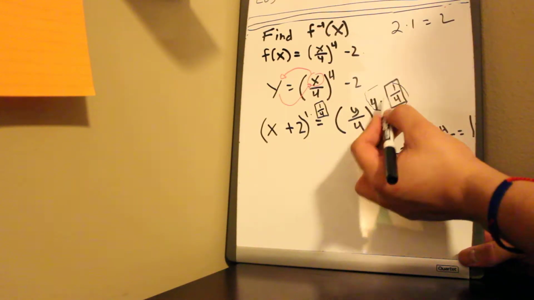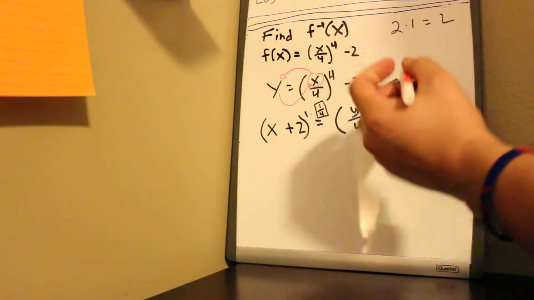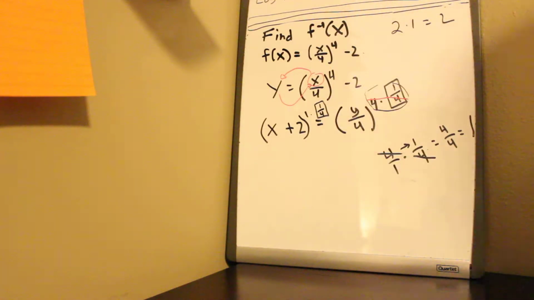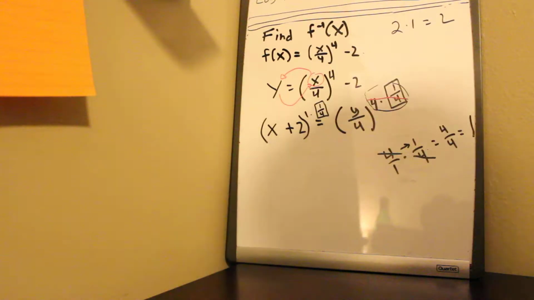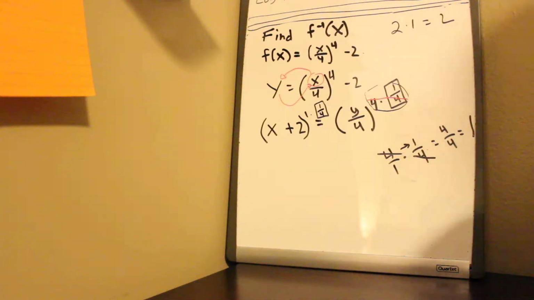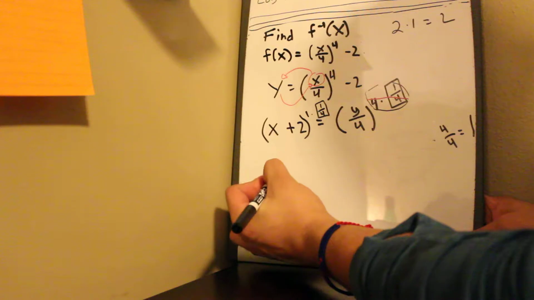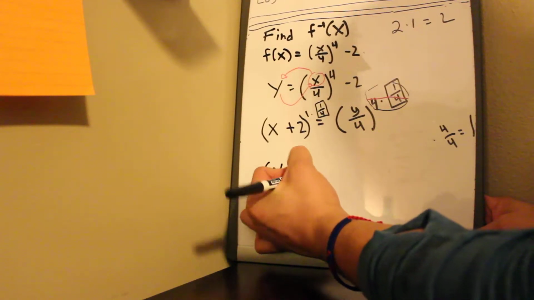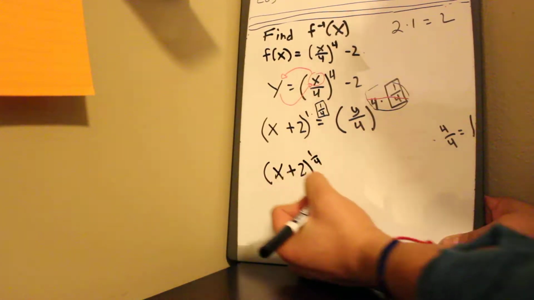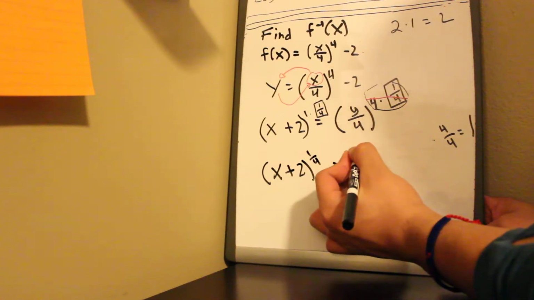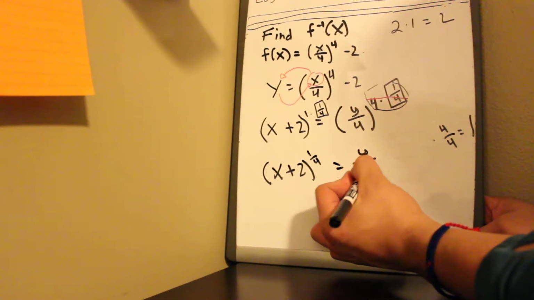Okay, so 4 times 1/4, well, that's just 1. So that's gone. And now 1 times 1/4, well, that's 1/4. So what we get remaining now is (x plus 2) raised to the 1/4 equals y divided by 4.